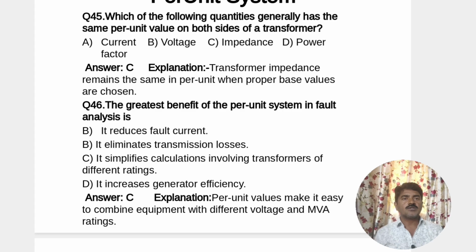Here the same value on both sides is per unit impedance. Here C is the answer. 46. The greatest benefit of the per unit system in fault calculation is it simplifies calculations involving transformers of different ratings. Transformers of different ratings are easily compared and calculated. So here C is the answer.